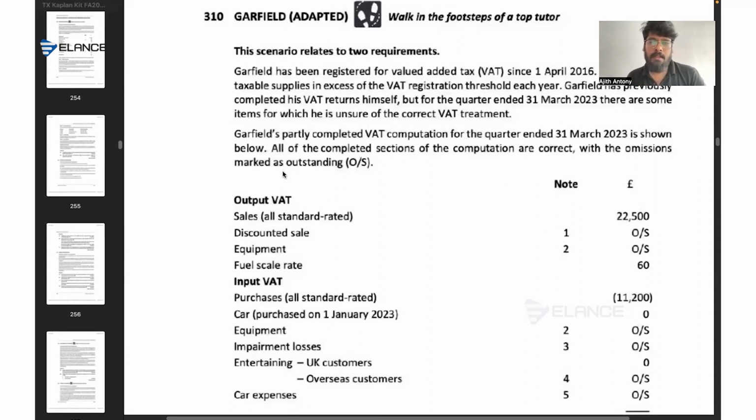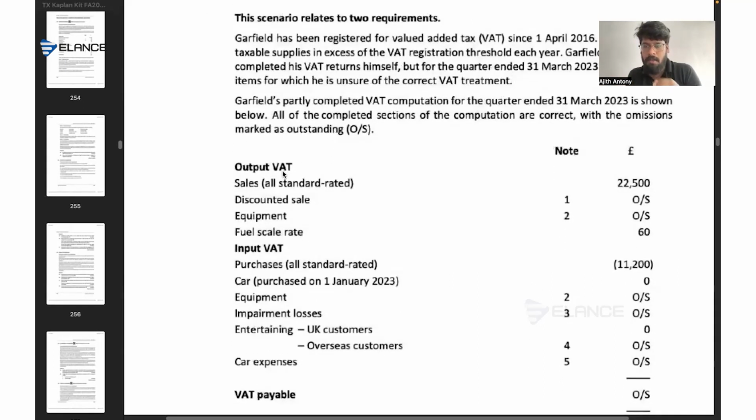So here Garfield's partly completed VAT computation for the quarter ended 31st March 23 is shown below. All of the completed sections of the computation are correct. It is an incomplete computation, and some things are recorded here. The recorded things are correct, there are no mistakes in them. So the first thing, standard rated sales.